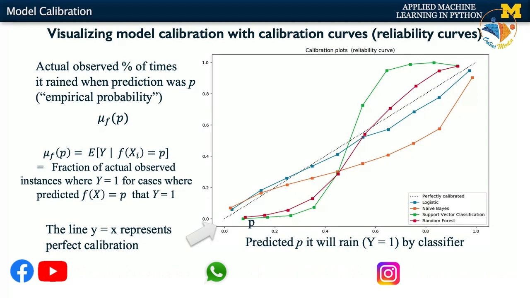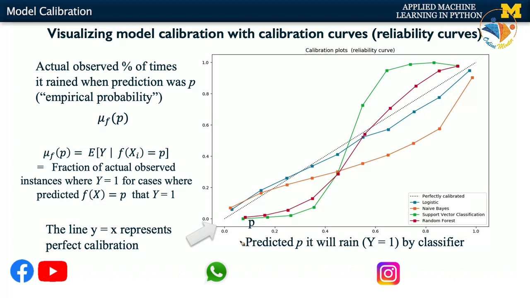So one of the first steps in looking at a prediction model and how well calibrated it is, is to visualize the calibration situation. And we do this with something called calibration curves or reliability curves. So you remember I said that being well calibrated means having predicted probabilities that were equal to empirical probabilities. So that's exactly what a reliability curve or calibration curve shows.